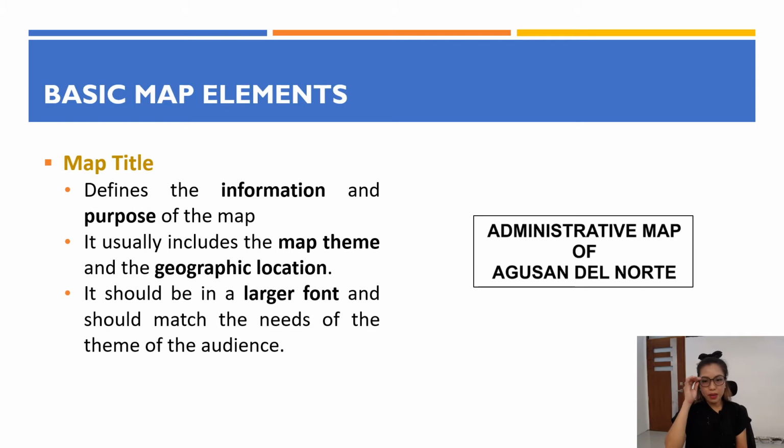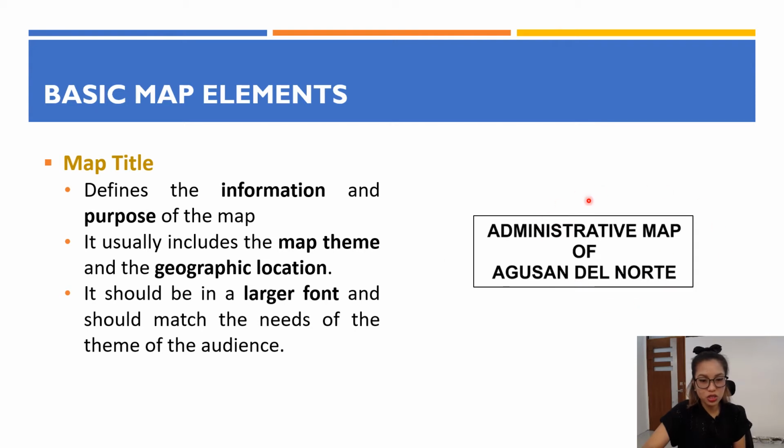Now let's go to the map title. Okay, the map title defines the information and purpose of the map. So it usually includes the map theme and the geographic location. It should be in a larger font and should match the needs of the theme of the audience. So like this one, administrative map of Agusan del Norte.